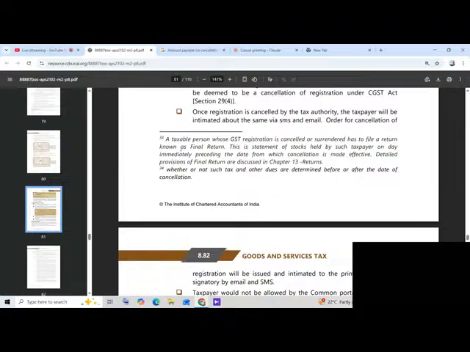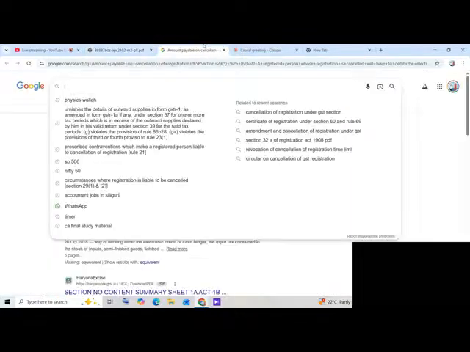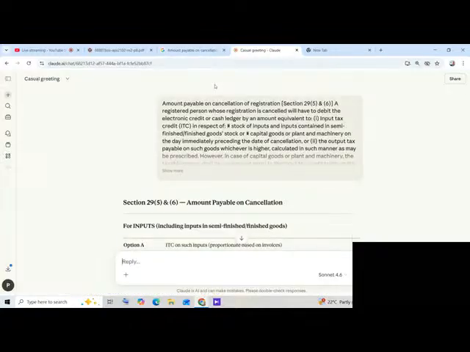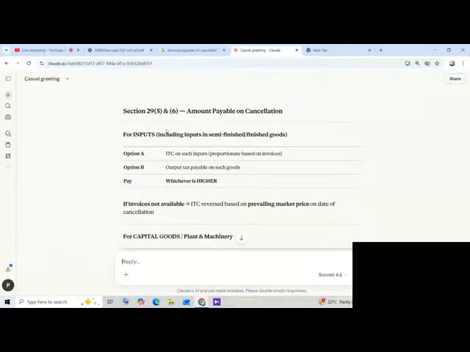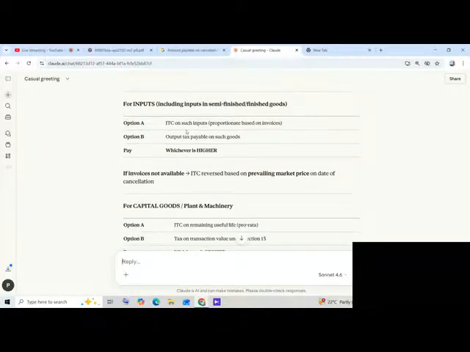Revocation of cancellation. So, amount payable on cancellation for inputs, including inputs in semi-finished or finished goods. Option A, ITC on such inputs proportionate based on invoices.